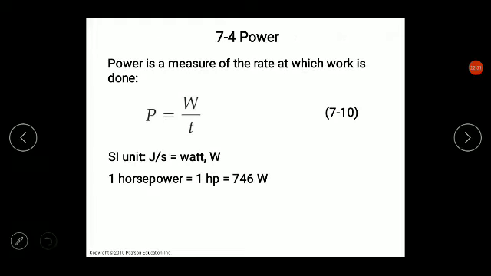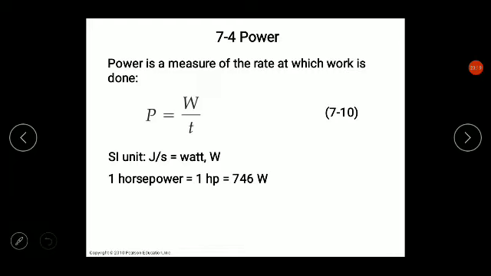Okay, so in terms of power, basically this is just the ratio between the work or energy, or the work done per unit period of time. So how much work is done per unit period of time? The greater work that you do in a smaller amount of time means that you have high power.